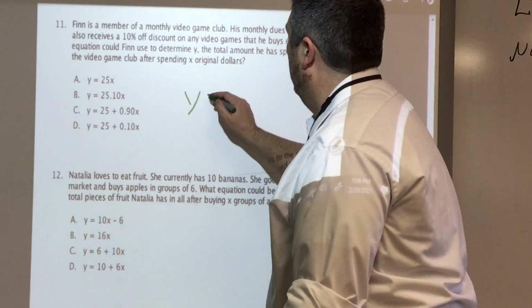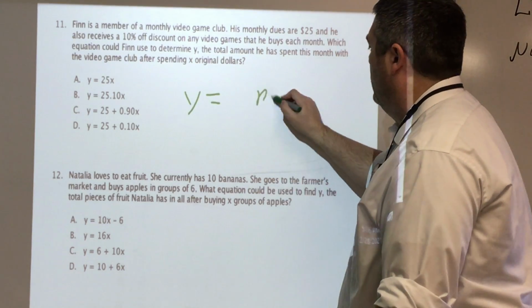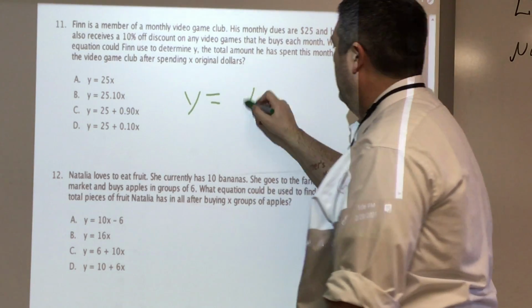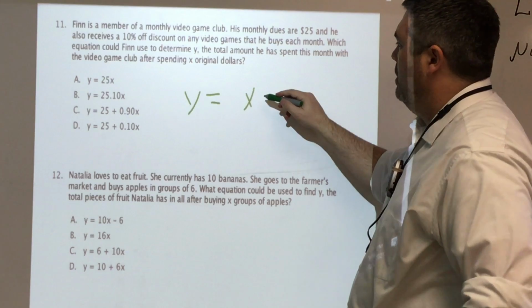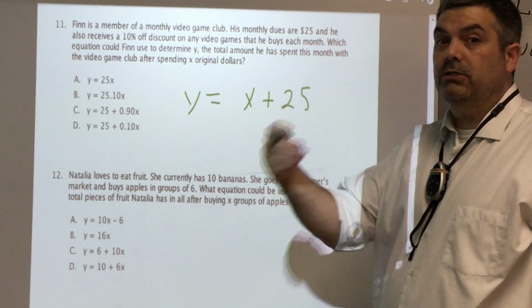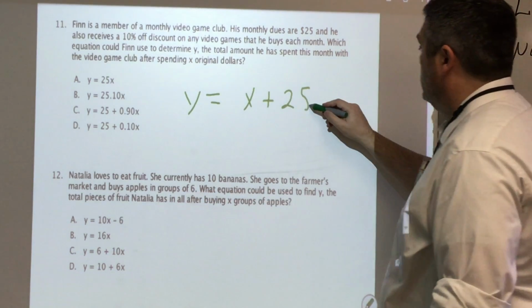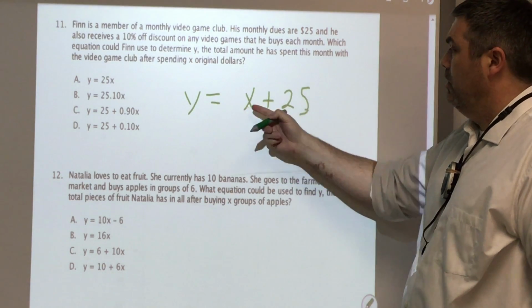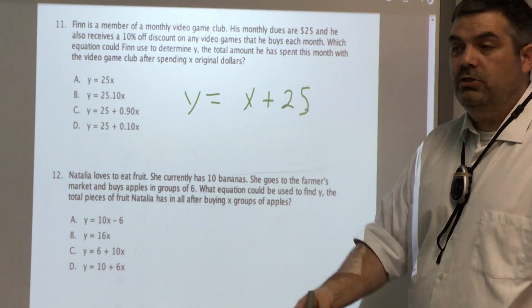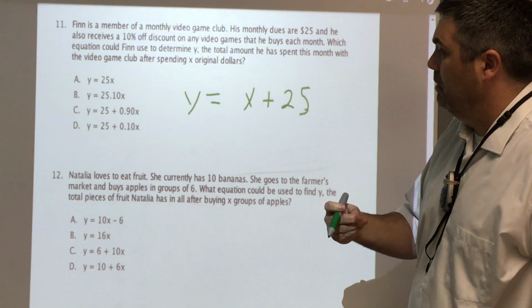Well, y equals mx. Well, it costs you 25, and we're looking for how much you spend. So 25 is the initial fee. Well, so this is your y-intercept. This is what it costs you just to be a part of it.